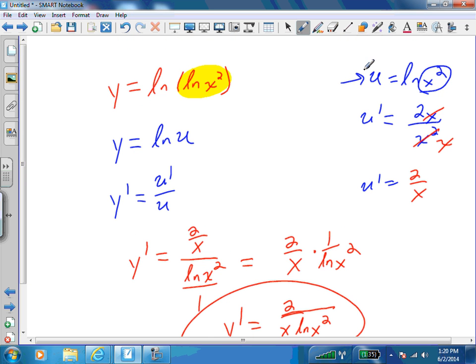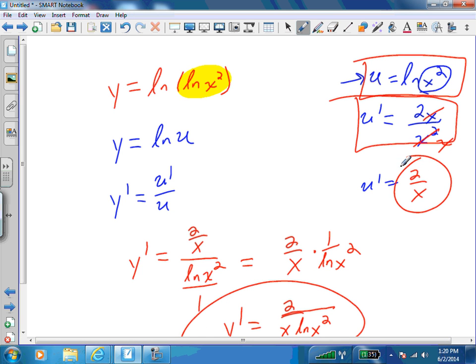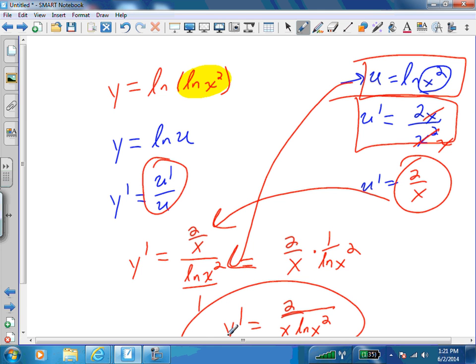Okay, our u is that. We need the derivative of that. Well, what's the derivative of that? So when we get our derivative, it's going to be u prime over u. Then we go back and substitute in u prime and u, instead of trying to do all of that in our head in one step.